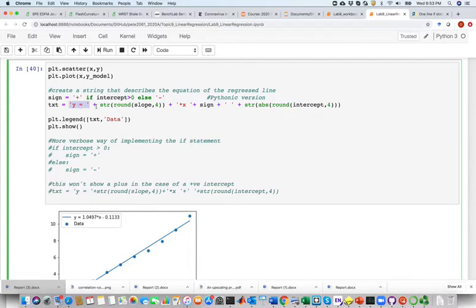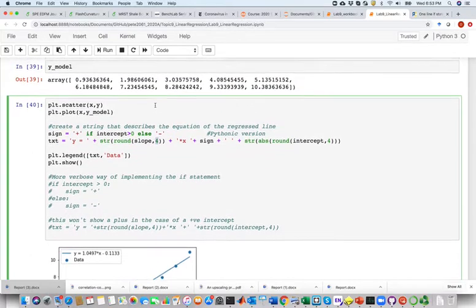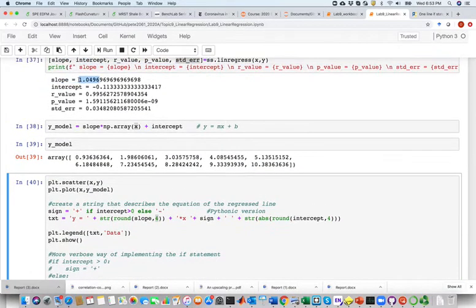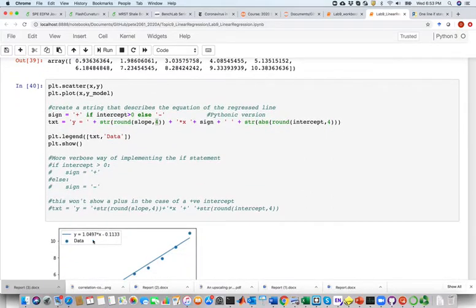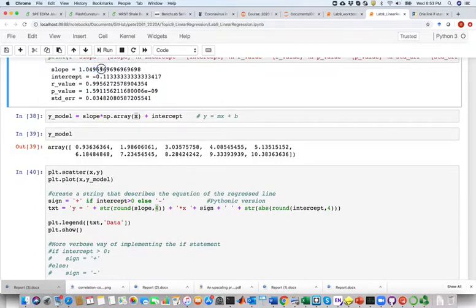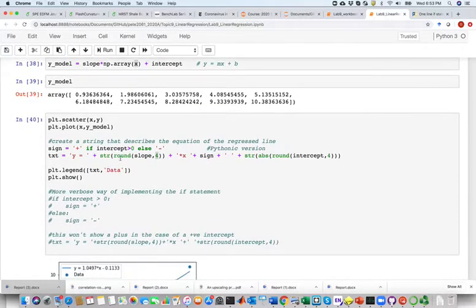So y equals, then it concatenates round. So round the slope to the nearest 4 decimal places, right? The slope had so many zeros, it's going to round it and only show 1.0497, because the number after that is bigger than 5. Okay, so that's what this does.